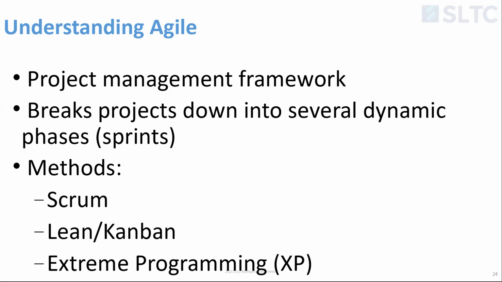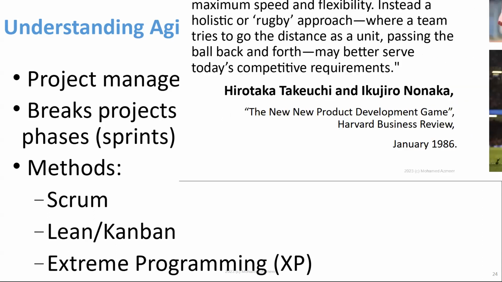For example, one team here might use the Kanban method or the Lean method. Another team might prefer the Extreme Programming method. Maybe another team might say, no, we like Scrum. So no problem. Each one has their advantages. Each one has their way of doing things. So some people might prefer one or the other.